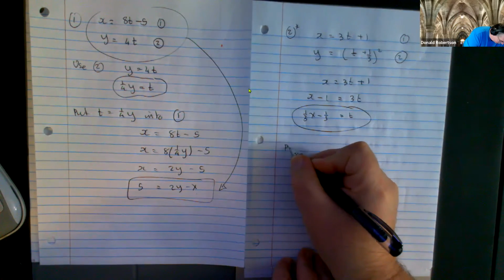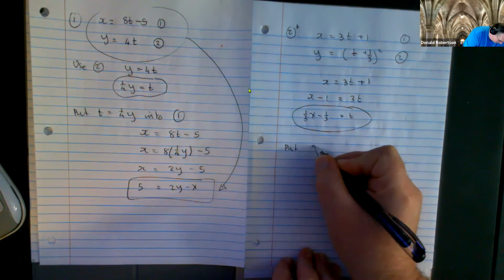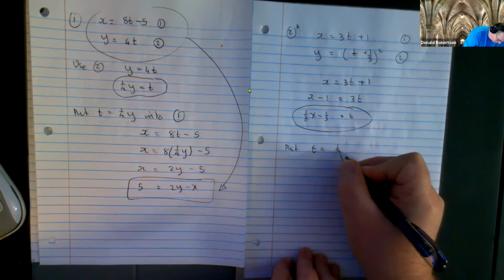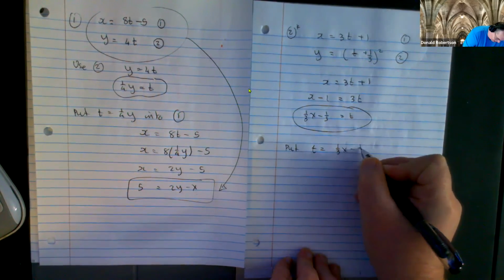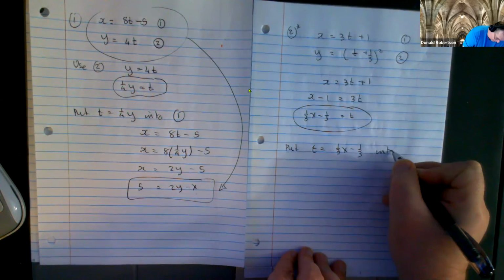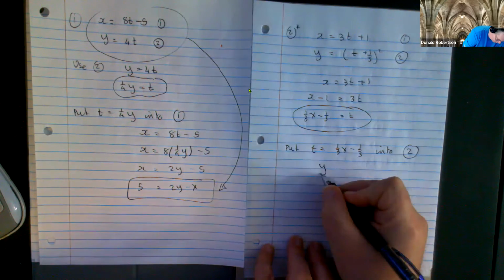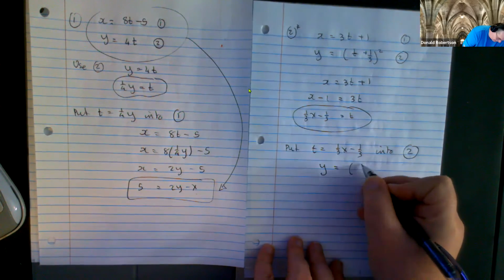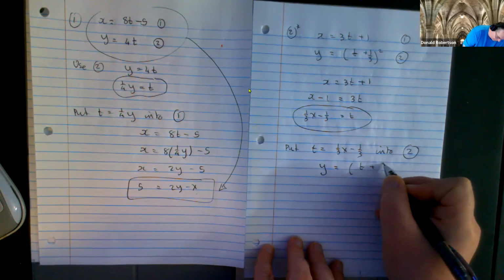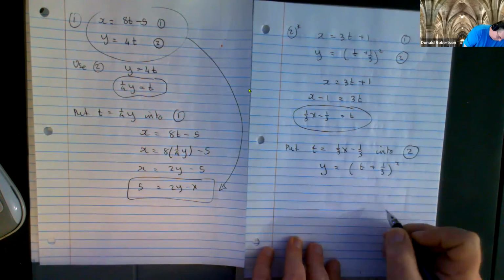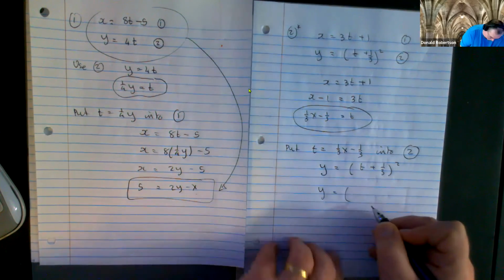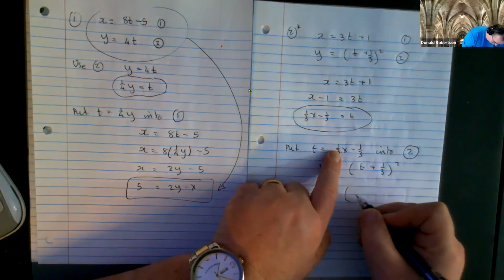You then put t equals 1/3 x minus 3 into the other equation. In this case, it's equation 2. So you have y equals t plus 1/3 squared. y equals, instead of t, replace it with this.